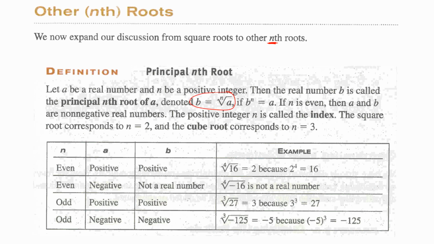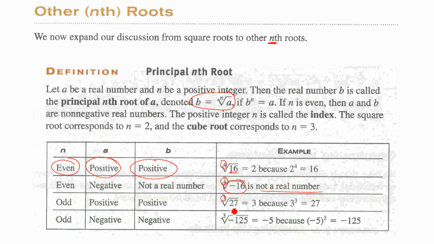Okay, so if n is even and A is positive, then B is positive. So let's look at something like this. These are probably easier to look at just as examples, right? The even root of something positive works out just fine. The even root of something negative, not a real number. Okay? But then odds work.